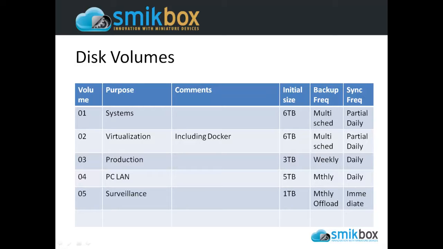So the real usage of your disk drive grows on demand, but the actual maximum is set when you create the volume in the first place. What we can see here is that we've set the maximum size of these volumes at 6, 6, 3, 5, 1, but at this point in time this customer's usage of those volumes isn't anywhere near that.